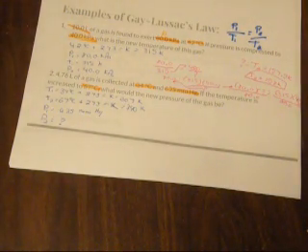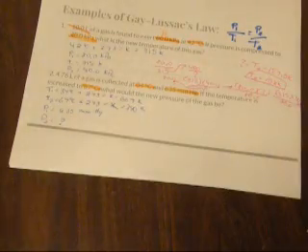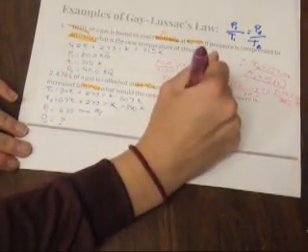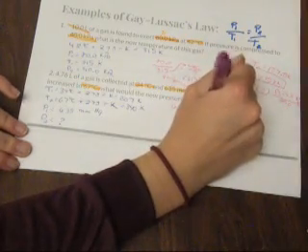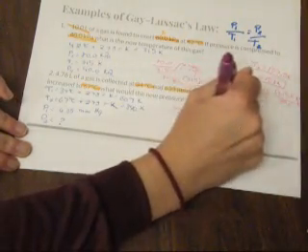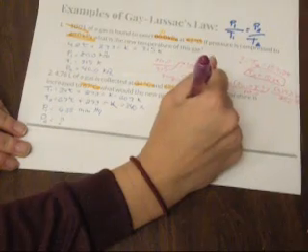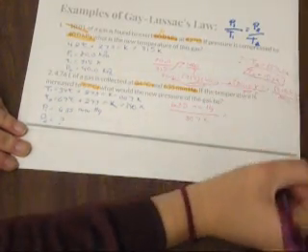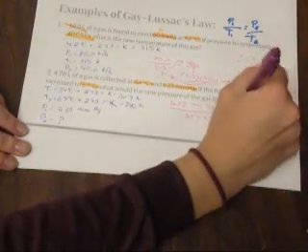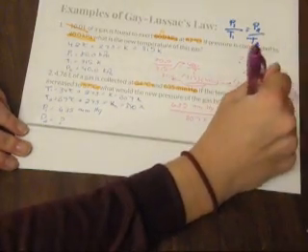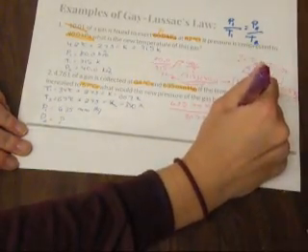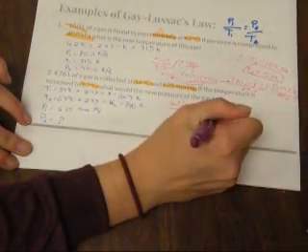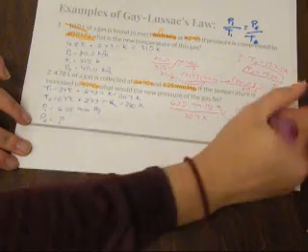Now let's put this in the equation. So our P1 is 635 millimeters of Hg, and that is over our T1, which is 307 K. And that is equal to our P2 over our T2, which is 340 K. We must multiply 340 K up here to get rid of it.